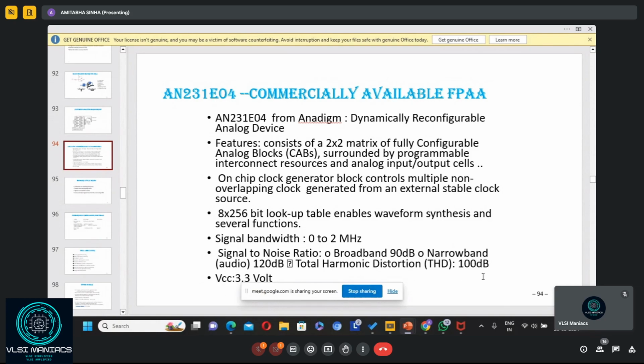If your mobile handset goes bad and you open it, you will find a DSP processor inside. Nowhere will you find an FPAA. But there are some applications that we'll be discussing where FPAAs will be suitable.